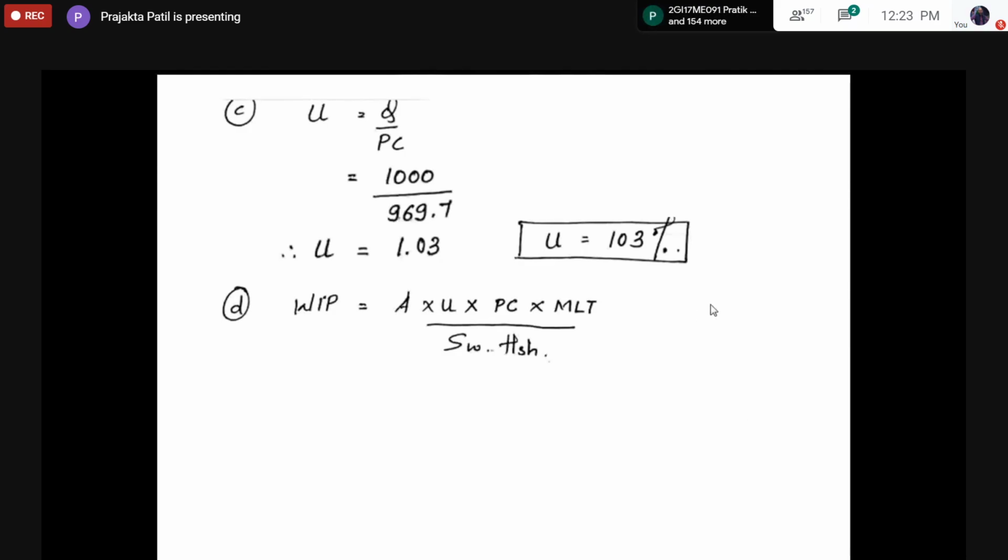We know what is utilization, production capacity, and manufacturing lead time, and this product is also known. We also know what is availability. Should we consider availability again? We have already considered availability when we calculated the production capacity. If you have already considered availability once, you need not take it again.